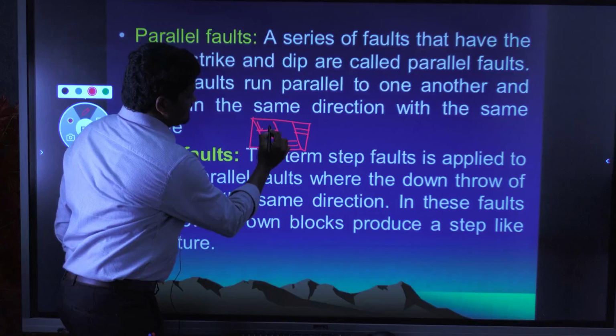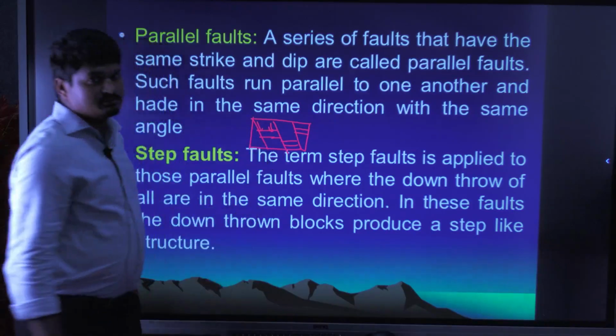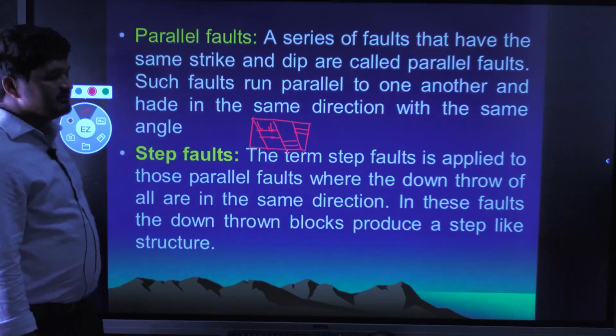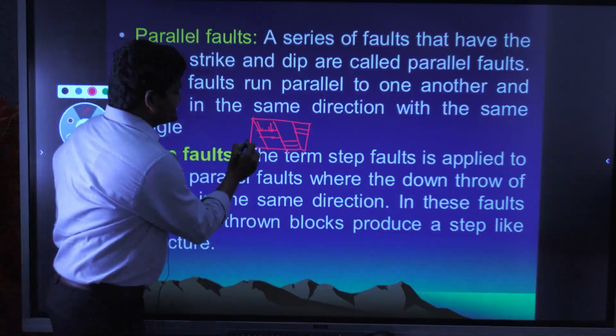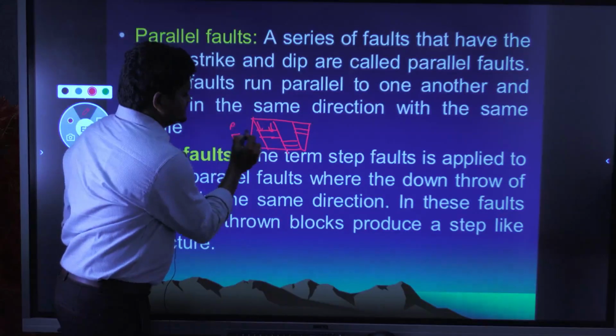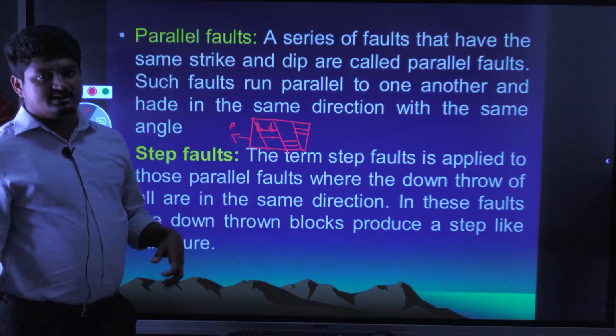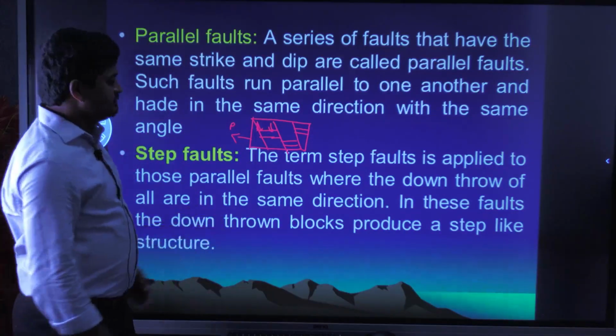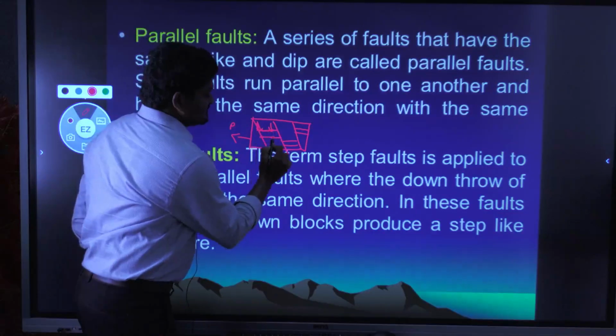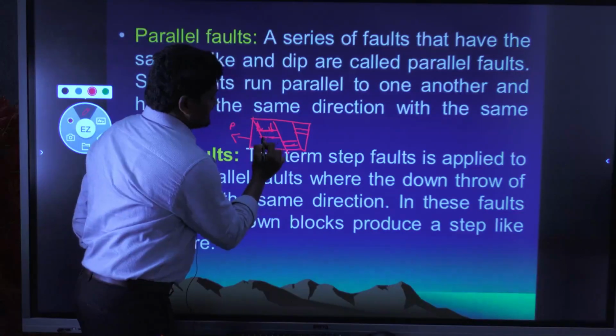Parallel faults means the bed moves with the same strike and same dip direction, and we call it a parallel fault. The bed follows along the strike direction and along the dip direction. These are called parallel faults.